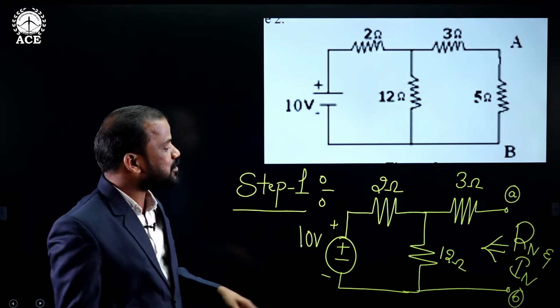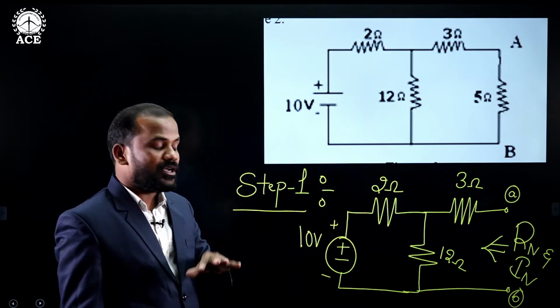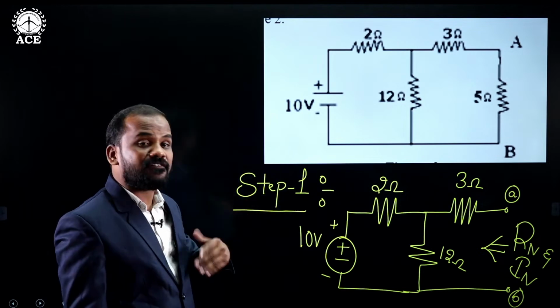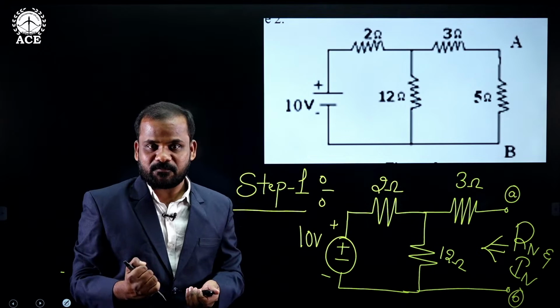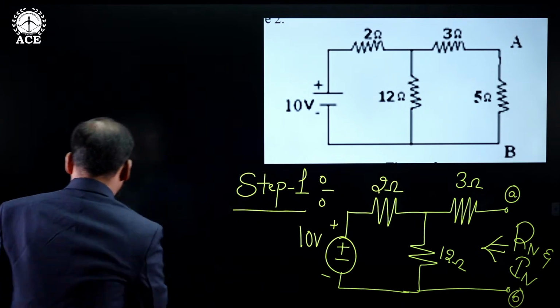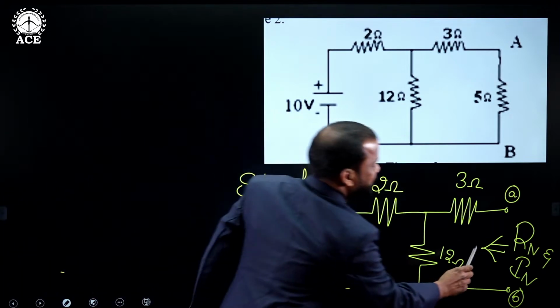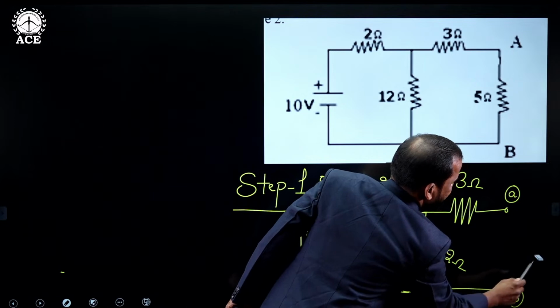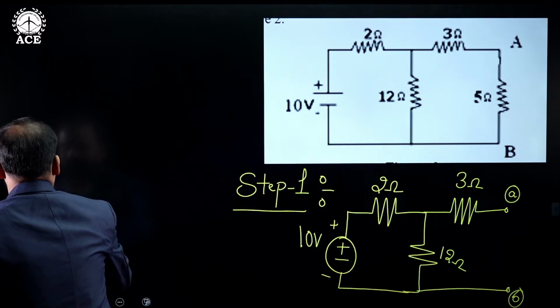Clear? Now coming to the Norton's current, how to find it? Simple. We need to short circuit the terminals A and B where we disconnected the load resistance. This is the most important step. Many students make mistakes while calculating Norton's current.